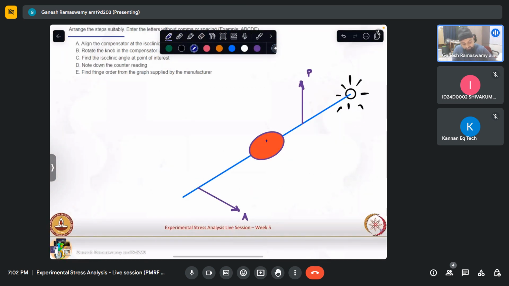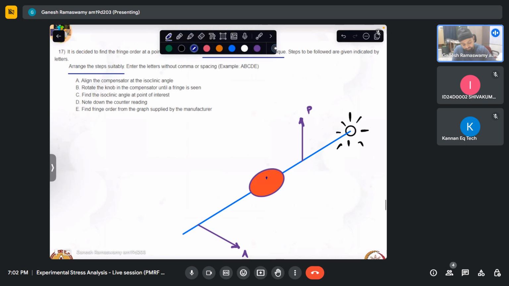Now, initially what I have to do in that compensation technique is, there will be some isoclinic fringe somewhere. I'm just considering that the isoclinic fringe is over here and not on the point of interest.